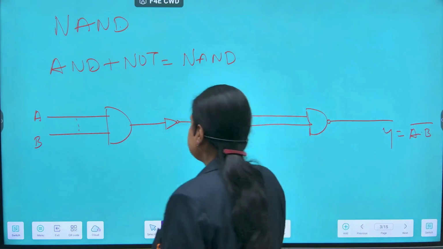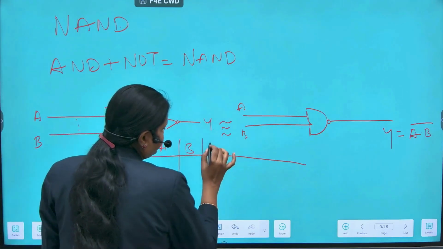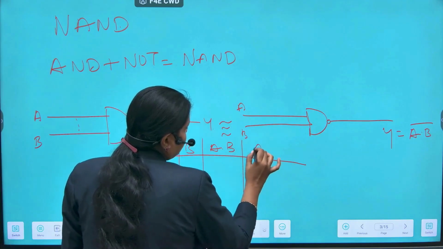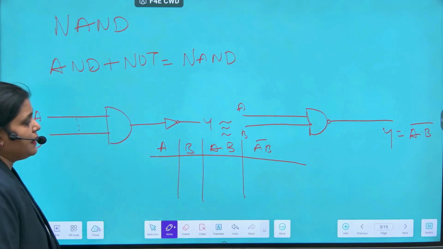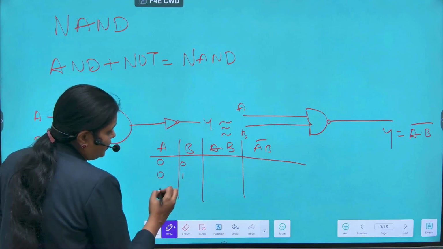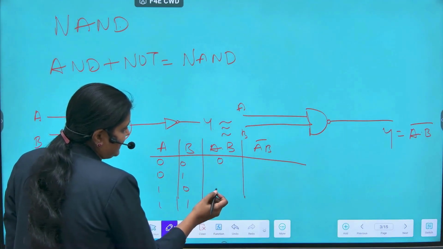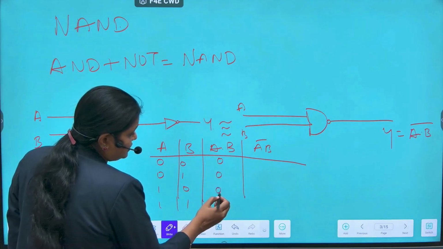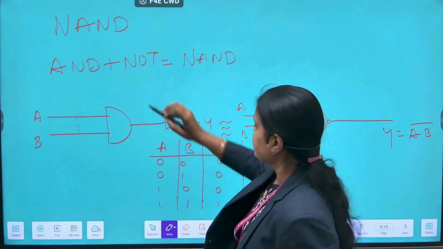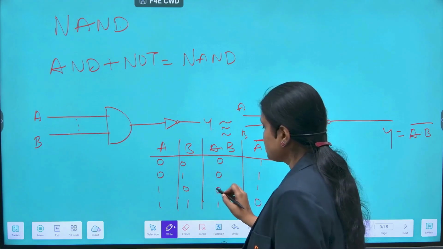So now let us write the truth table for this. A and B. Let us take the inputs 0 0, 0 1, 1 0 and 1 1. So multiplication we get 0 0 0 and 1. Next, because it is NAND, it will be 1 1 1 and 0, that is the complement of this.